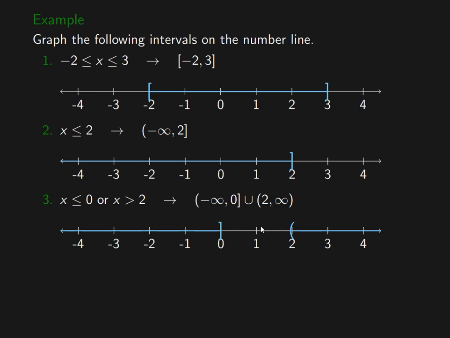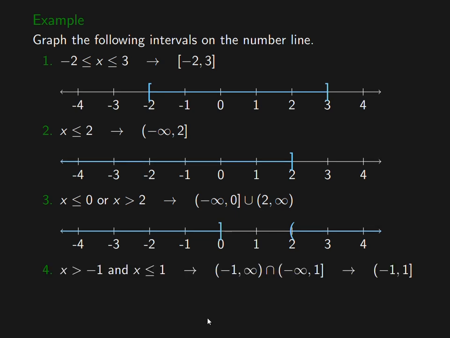On the number line, we use a right bracket on 0 and a left parenthesis on 2. Since the first set is the real numbers less than or equal to 0, we shade the region to the left of 0. The second set is all real numbers greater than 2, so we shade the region to the right of 2.